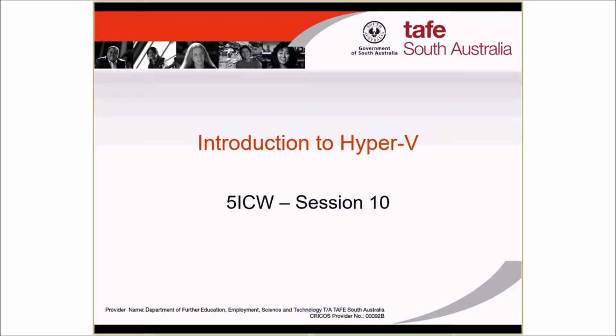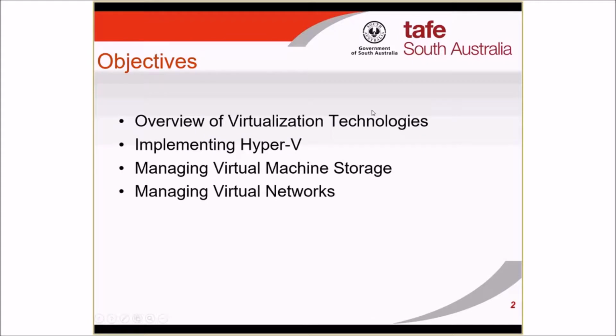Today's objectives are to give you an overview of virtualization technology. Some of it will be a bit of a review, but we're going to concentrate more on the reasons an enterprise would like to virtualize rather than what a person individually would like to virtualize.